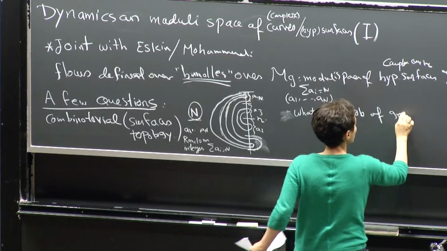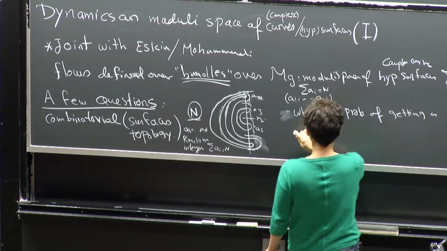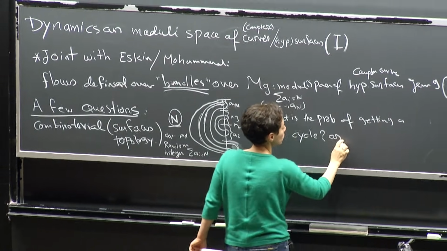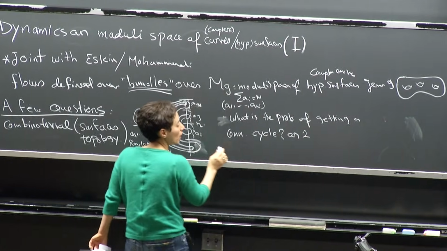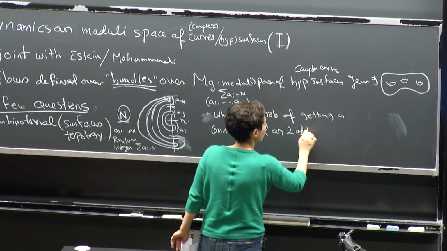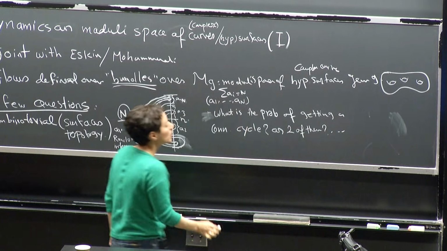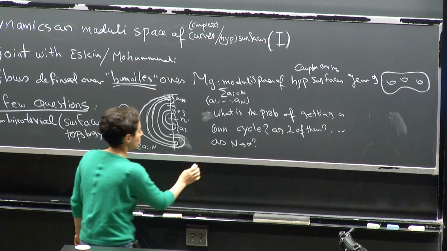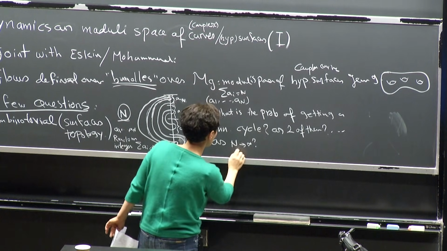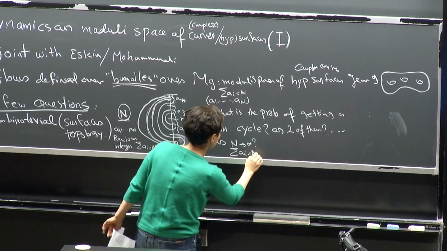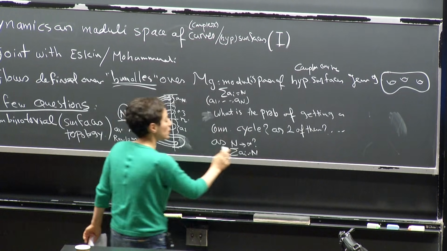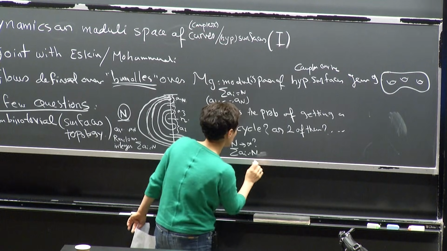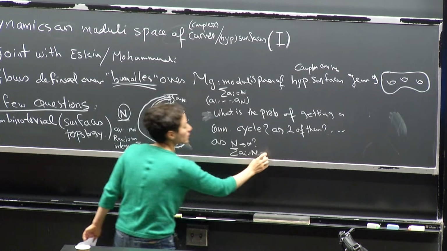What is the probability of getting a connected cycle, or two of them, as n goes to infinity, and the sum of the ai is equal to n, a random point where the ai's are integers?